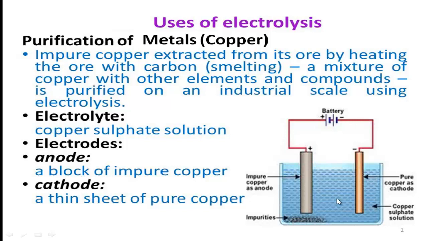Then copper ion, through accepting electron, is converted into metallic copper and deposits on the cathode. Like this way, all copper comes into the cathode and the impurities are gathered at the bottom of the electrolytic cell. Like this way, from impure copper we can get pure copper using the electrolysis process.